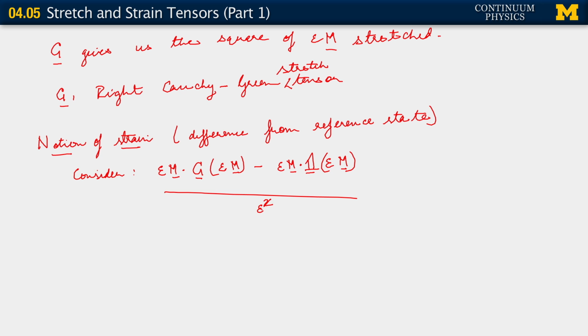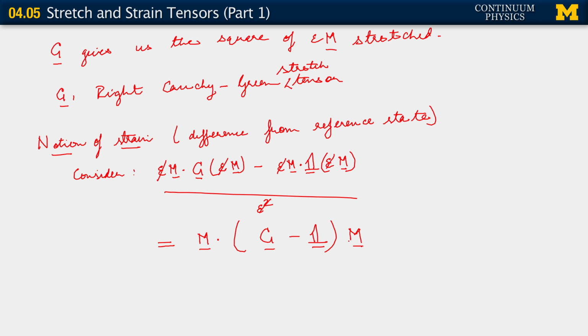And this thing just cancels out all the epsilons. And so what we're left with is the following object. We're left with m dotted with the right Cauchy-Green tensor minus that acting on m. Okay?